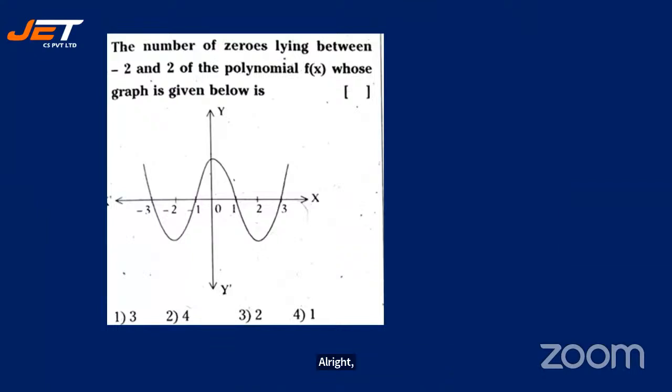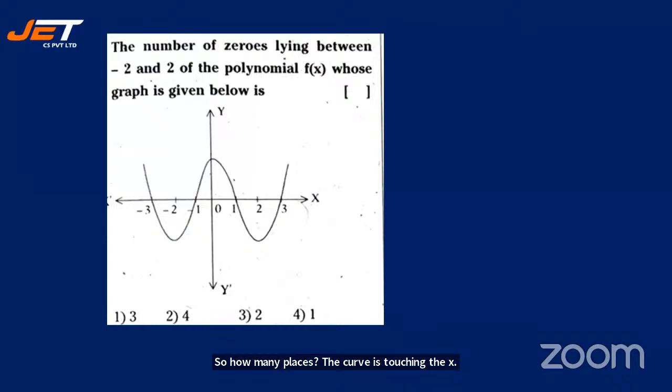The number of zeros lying between -2 and 2 of the polynomial f of x whose graph is given below is dash. So you should see the range. How many places is the curve touching the x-axis between 2 and -2?